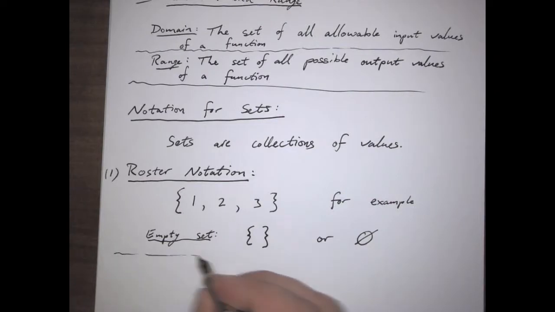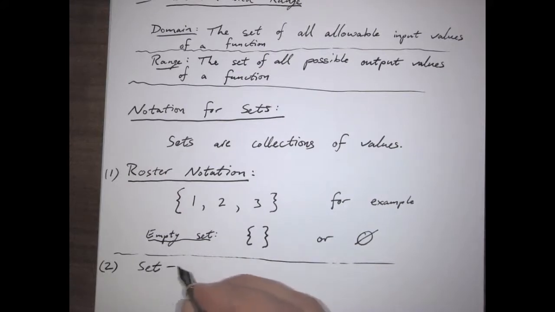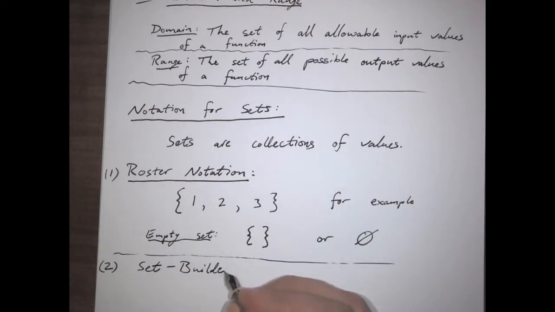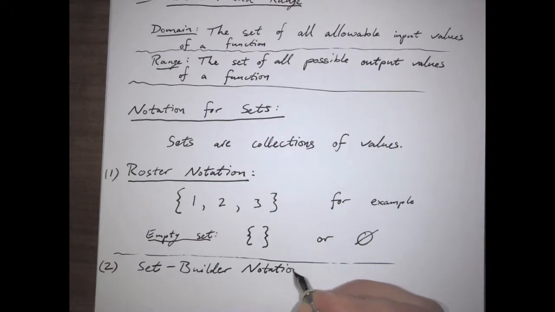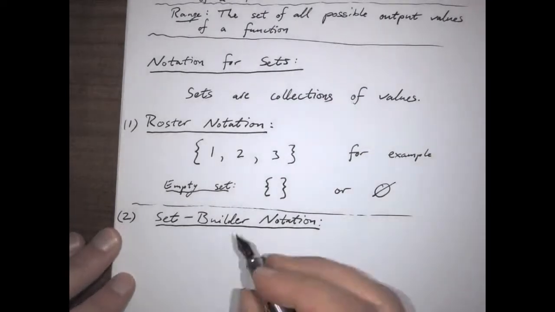Now, the second major kind of notation for sets, which is very common, is what's called set builder notation. The way this frequently goes is something like this.